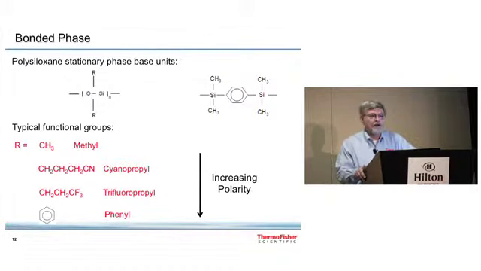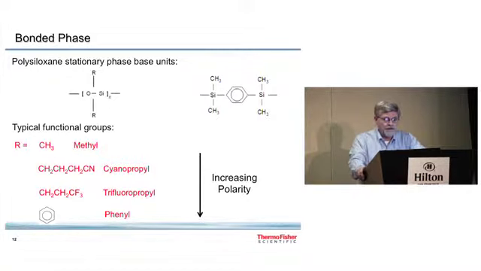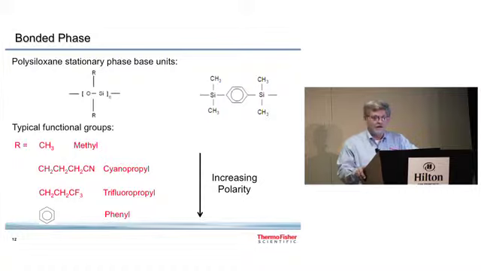Now I want to talk a little bit about column choice. We're talking about stationary phase, polysiloxane. We're looking at functional groups, methyl, all the way to phenyl. It makes a difference. So many people want to use a 5 MS column for everything they run.